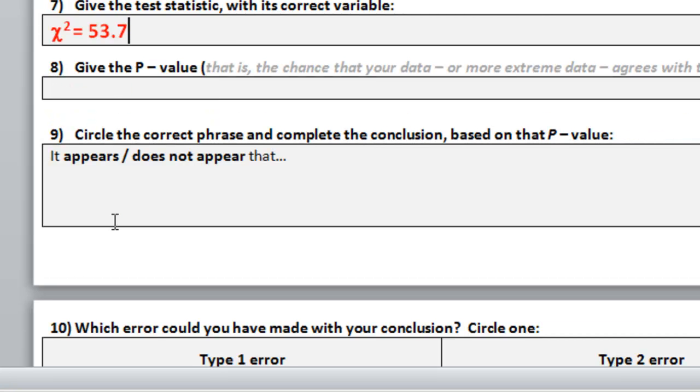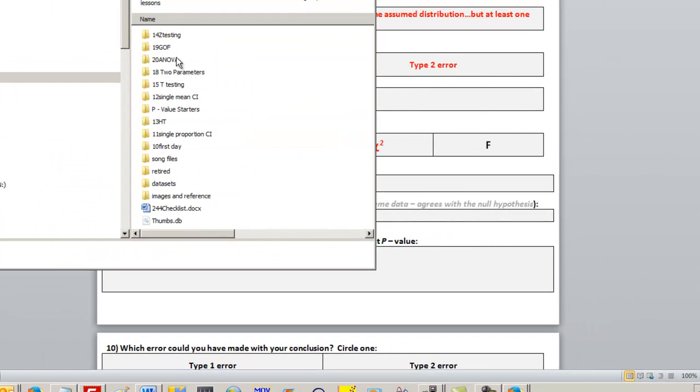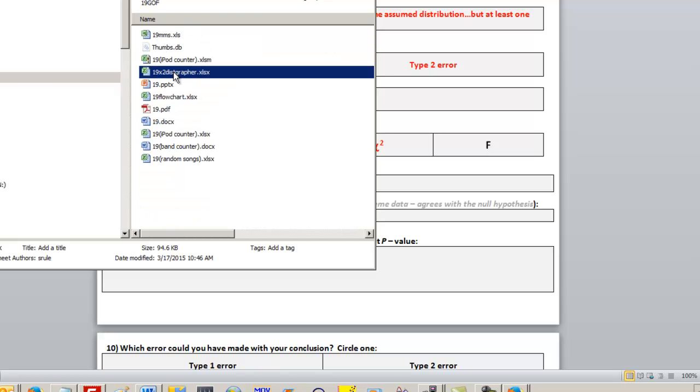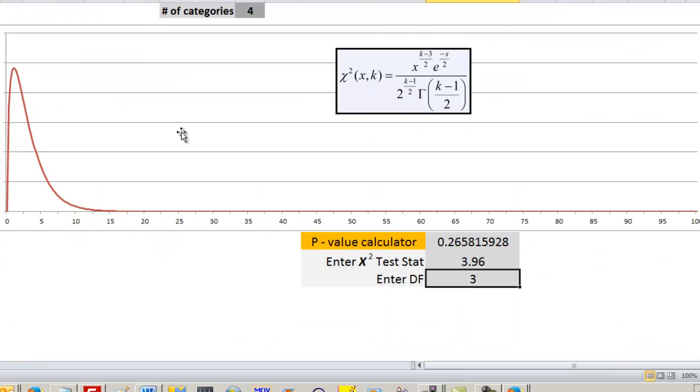It's a unitless measure of agreement. 0 is the minimum, and it goes off forever out into the tail of the chi-square curve. What I'd like to know now is, I'm going to ignore the TI and go to Excel instead, and use the grapher that we used in class, because it'll give me the curve.